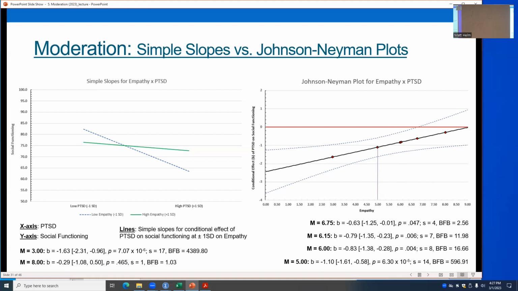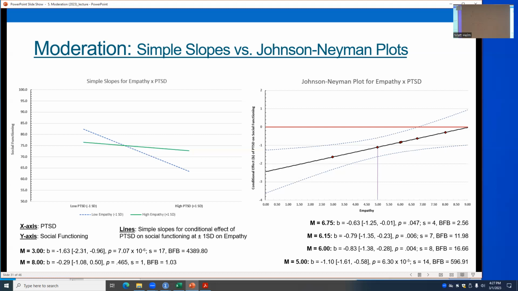And what we found is that empathy here has an average value of 5, right? So on average, people have values of 5. It's not until we get to about 6.5, almost a value of 7, just at the top of the scale, where we stop seeing an association. That tells me that PTSD has an association with reductions in social functioning for mostly everybody, except for those people who are very, very high in empathy.